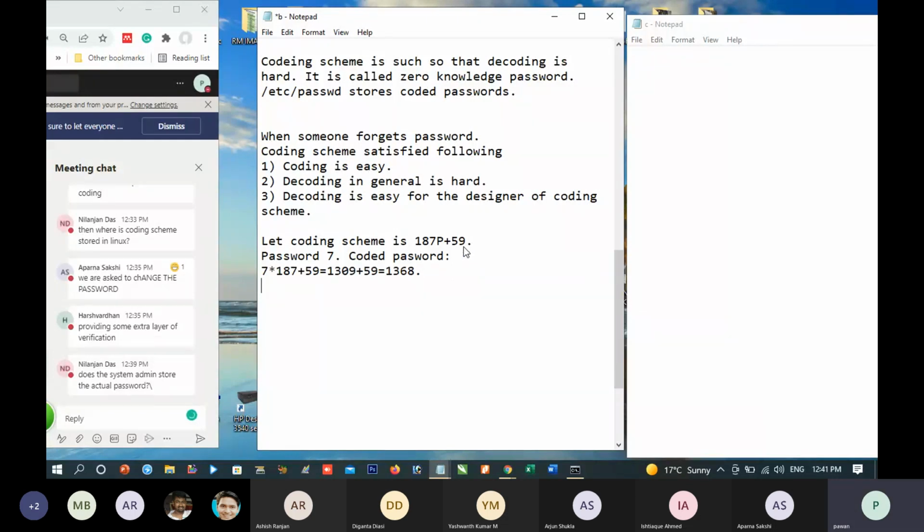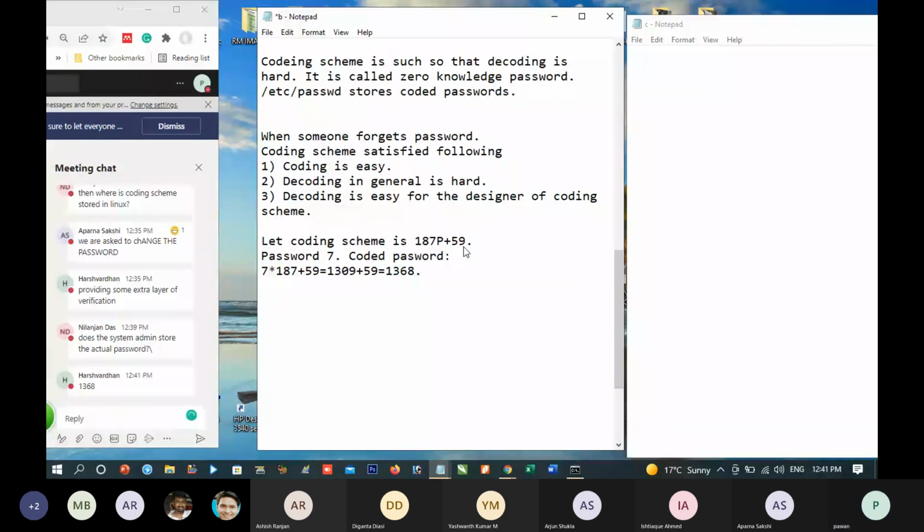Is it correct? That is correct. How to decode it?